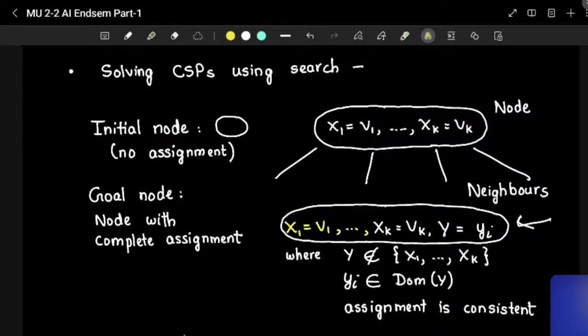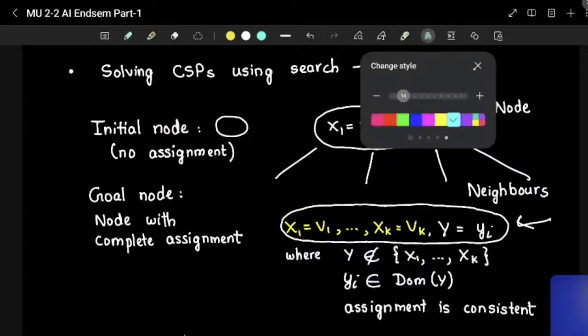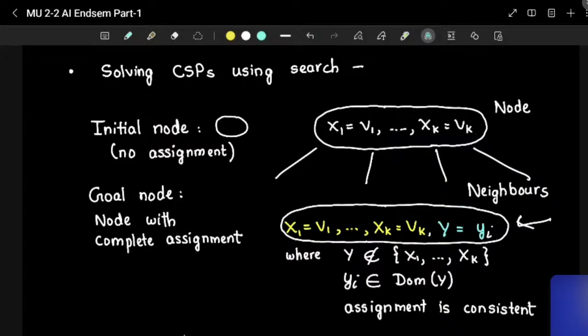You have the same content, the same assignments from the previous node, but the new thing is the neighboring node will have an extra assignment. The extra assignment is capital Y equal to small yi. Capital Y is a variable that has not been assigned yet.